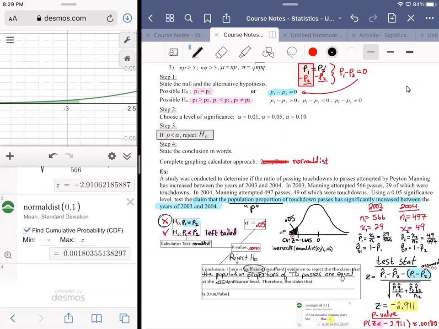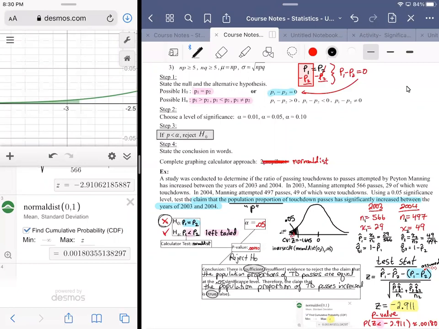So therefore, the claim that the population proportion of touchdown passes increased. Well, that's going to be true. It's got a big old check mark next to it. So that's got to be the true sentence.